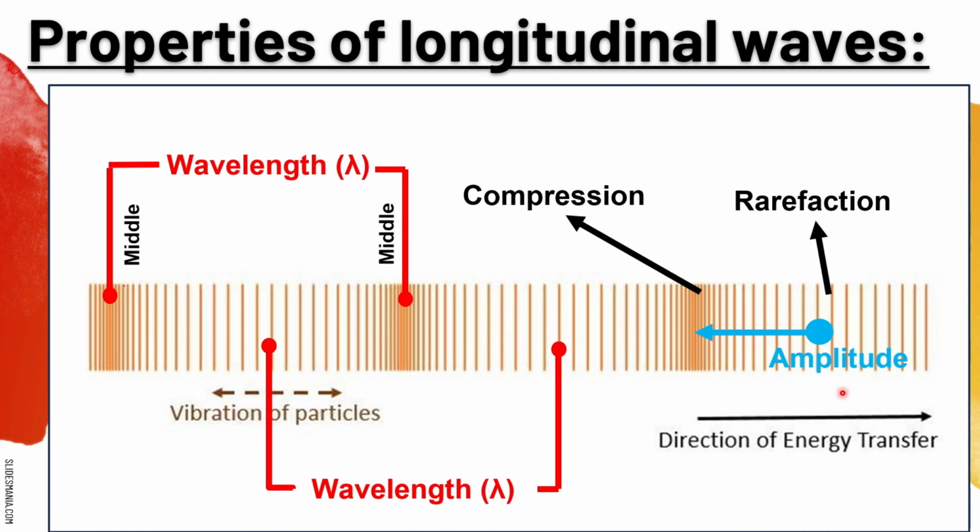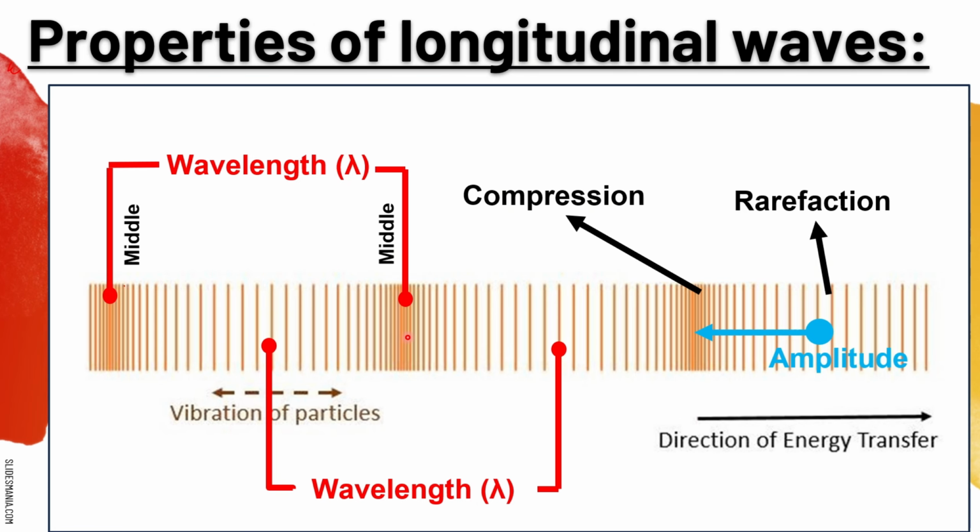And then the other property is the amplitude. So what's amplitude? Once again, it's the maximum displacement of a particle from its equilibrium. So amplitude here, where wavelength stretches from the middle of a compression to the middle of the next compression, amplitude simply stretches from the middle of a rarefaction to the middle of a compression. So in other words, it's half a wavelength.